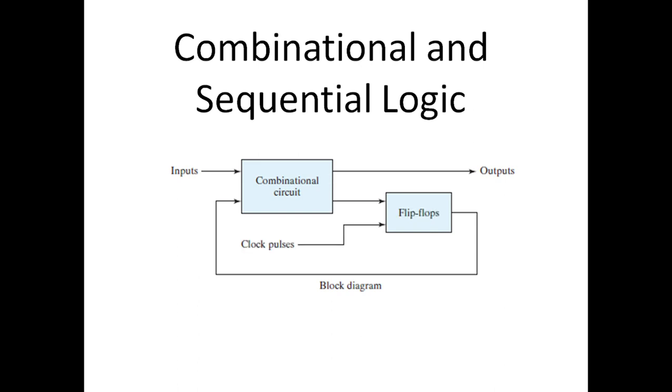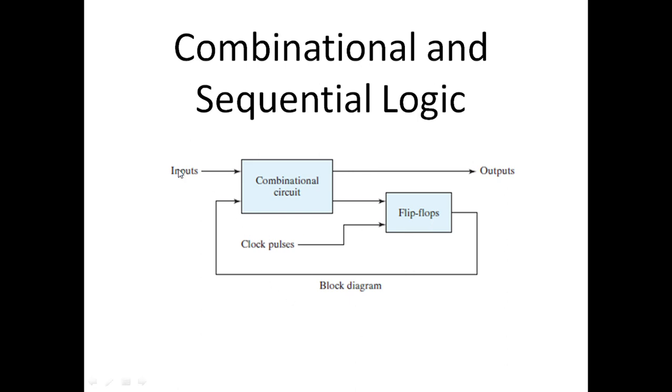Normally, flip-flops are used as memory elements to store the state of the circuit. To synchronize the operation of flip-flops, digital signals called clock pulses are used. So this is sequential logic, where a combinational circuit gets inputs and produces outputs, and the output is stored in the flip-flops synchronized by the clock pulses.